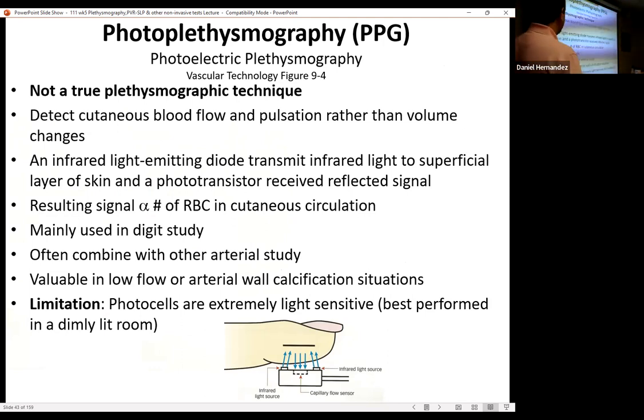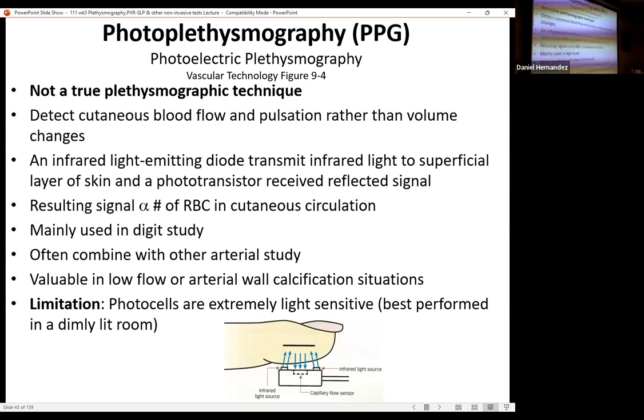So again, we said photoplethysmography, this is not considered a true plethysmographic technique. It detects cutaneous blood flow and pulsations rather than volume changes. There's an infrared light transmitted into the superficial layers of skin, and a photo sensor that receives the reflected signal. The sensor picks up basically the number of red blood cells in our cutaneous circulation.